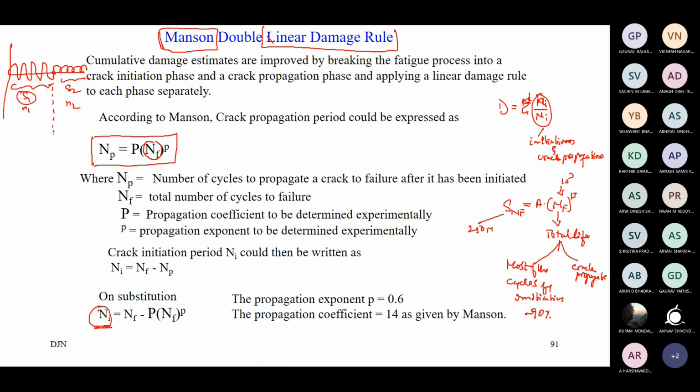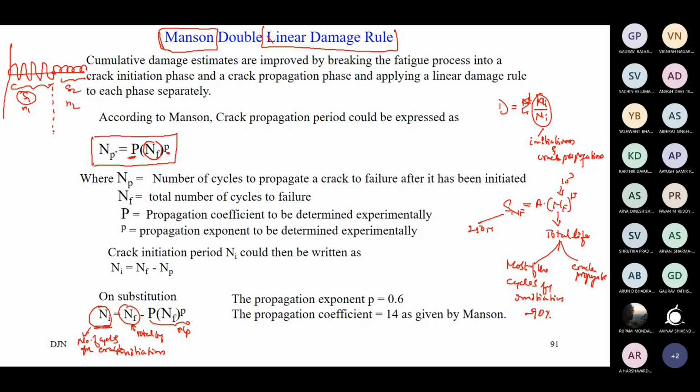So NI, the number of cycles for crack initiation, is nothing but NF, the total life, minus NP, the number of cycles for crack propagation. Now in this, what are these constants, capital P and small letter p?